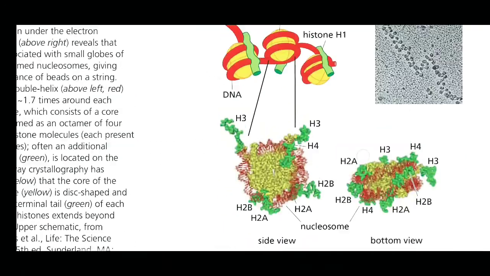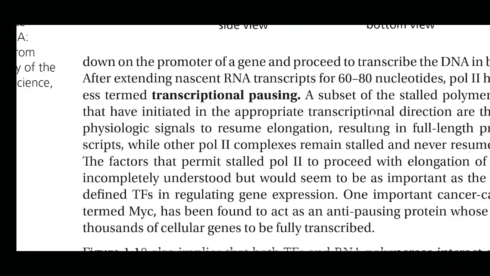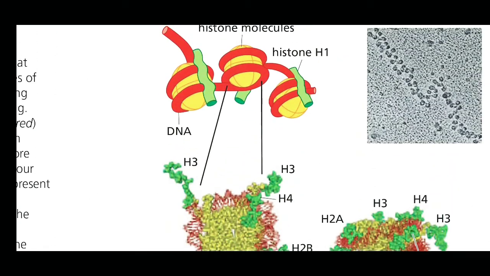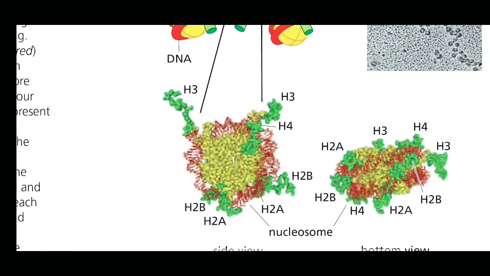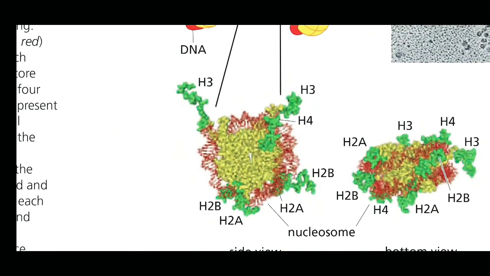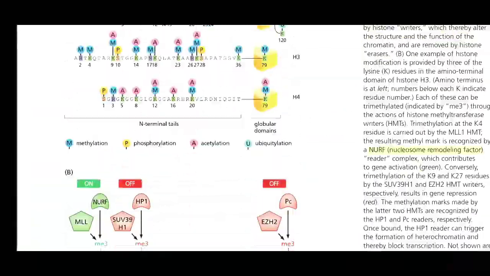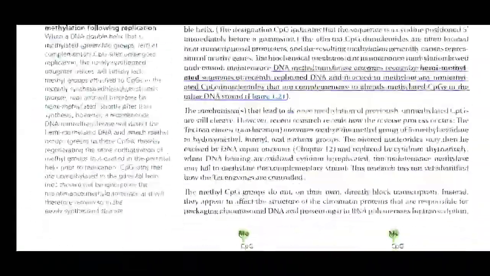And then here we can see histone proteins also have an important role. For example, the H1 histone is a linker. The H3, H4, H2A, H2B histone proteins bound to this DNA molecule do not allow transcription. So any defects there can cause cancer.